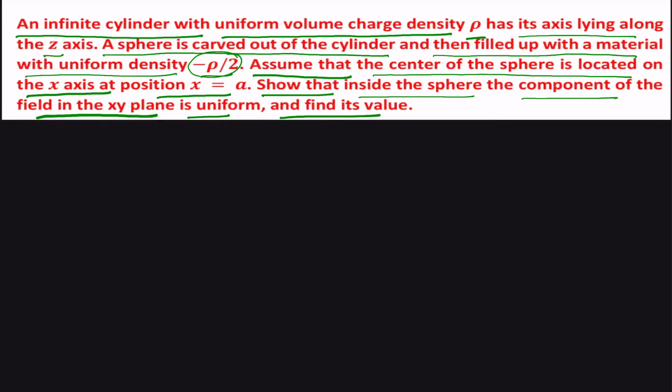We usually solve the questions in which we remove something but we do not add anything back. But in this particular case we are removing a part of the cylinder as a sphere and we are filling that empty space by another material which is having a uniform density of minus rho by 2.